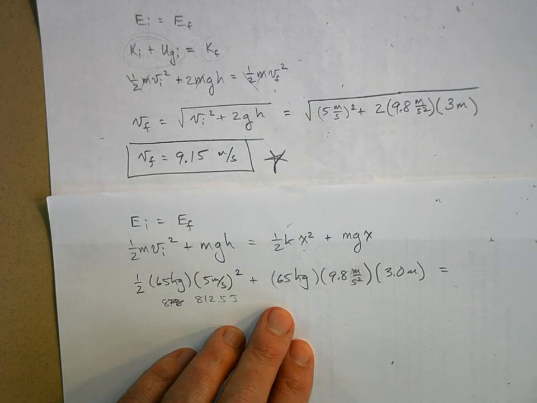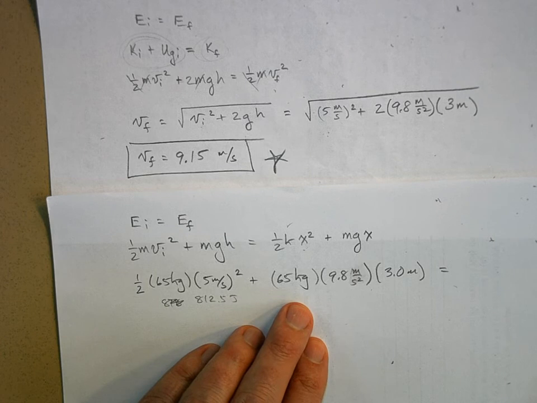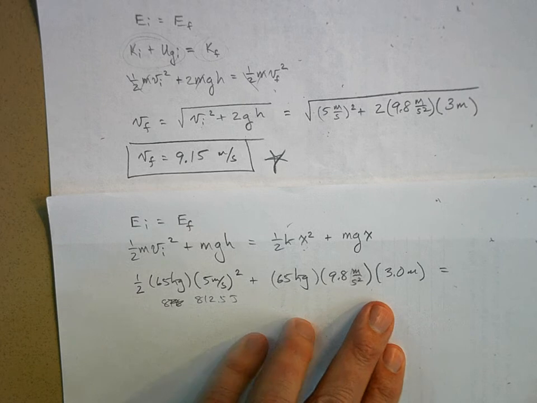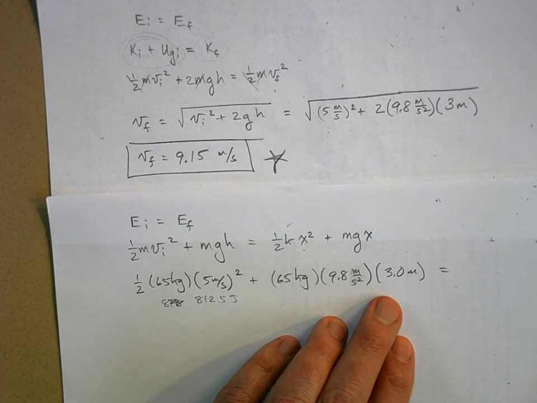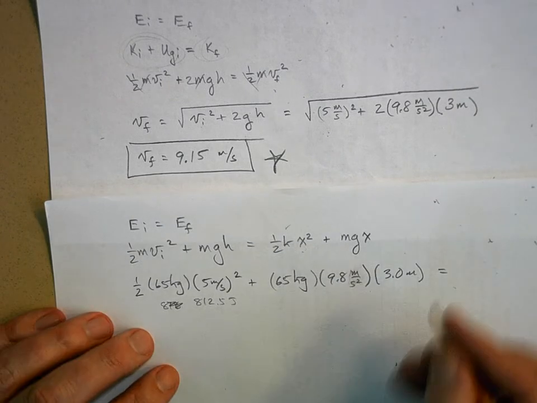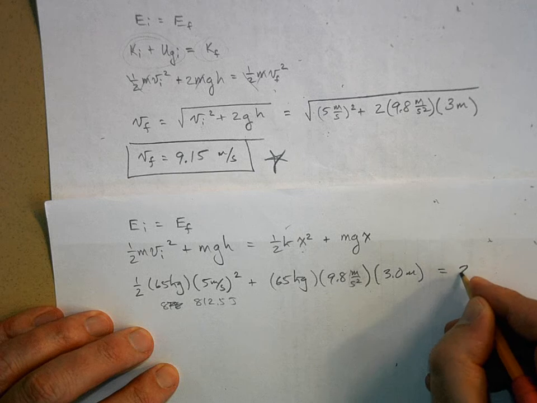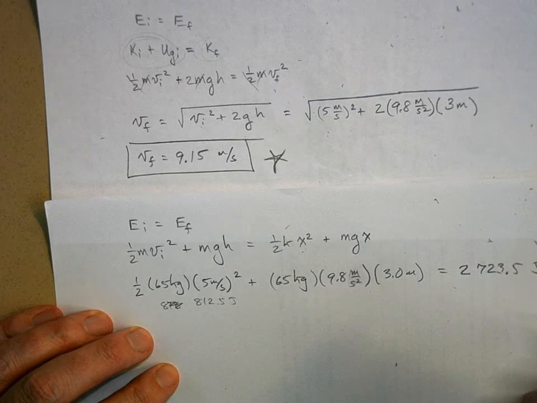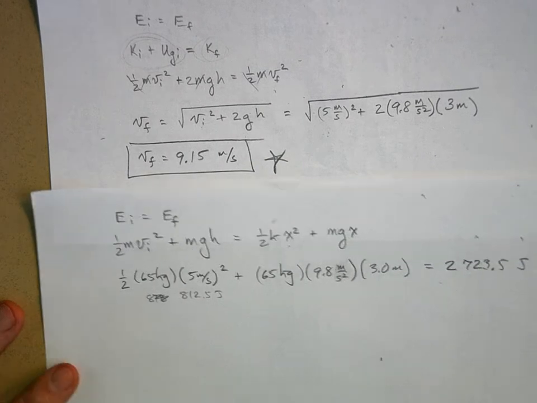Okay, plus 65 times 9.8 times 3. So I get a total energy of 2,723.5 joules. I don't need it, I can round it off later. Okay, so that's how many joules we got.